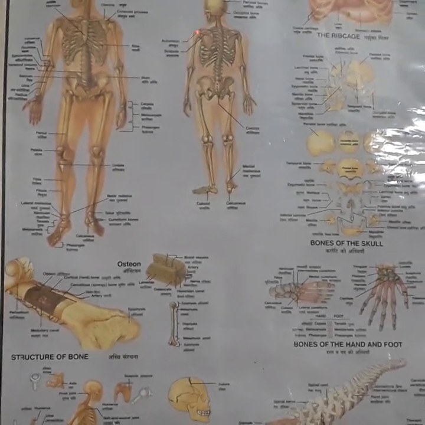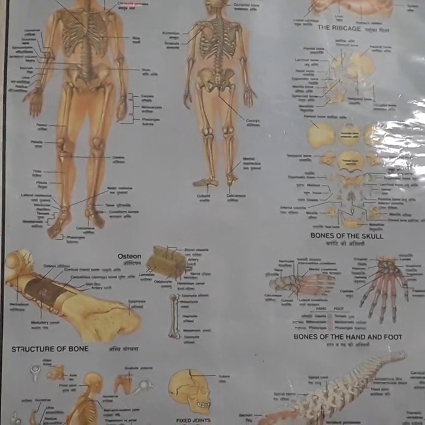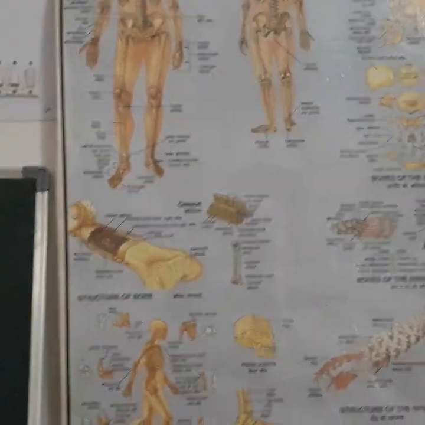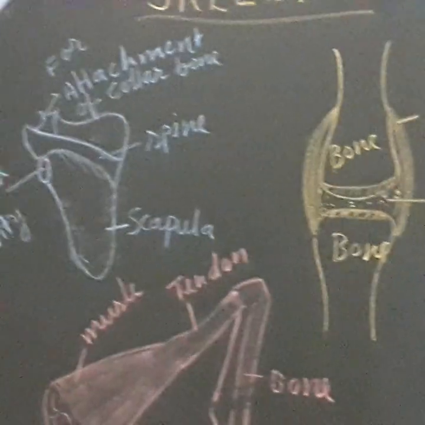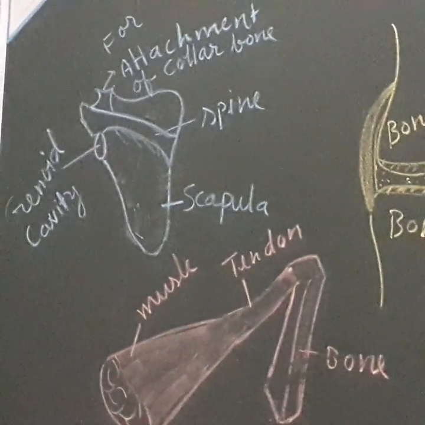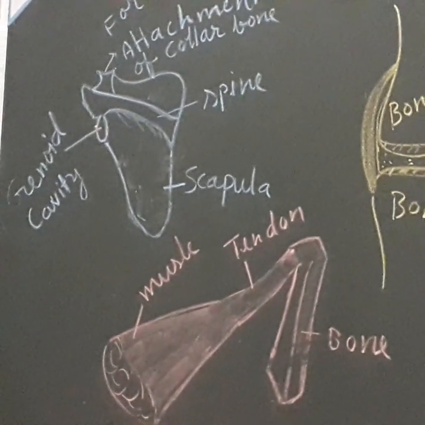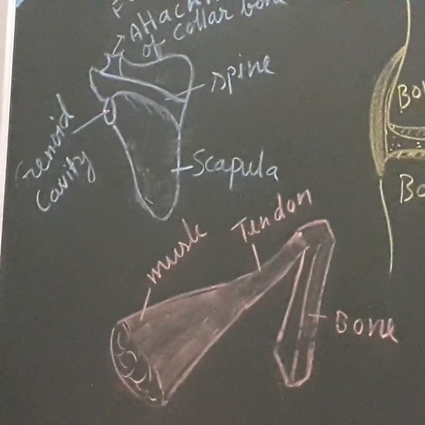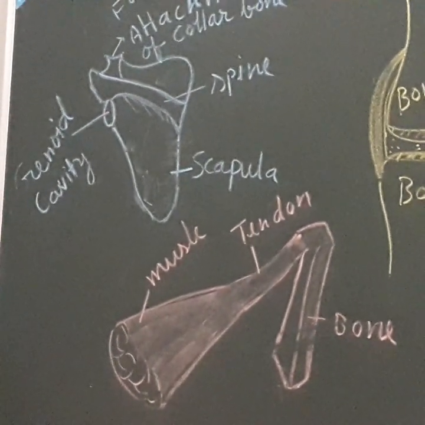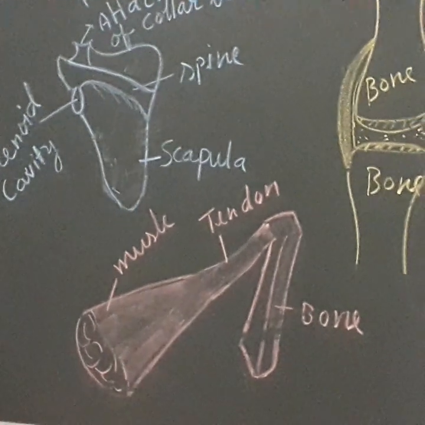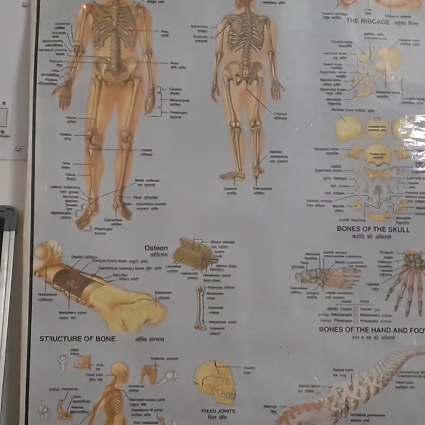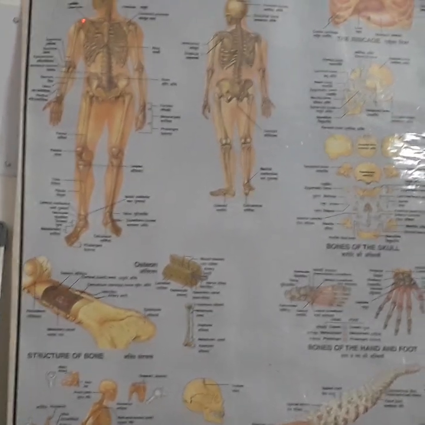The glenoid cavity is shown here, to which the upper part of the humerus, a bowl-like structure, fits. Here you can see the humerus has a bowl-like head which fits in the glenoid cavity.